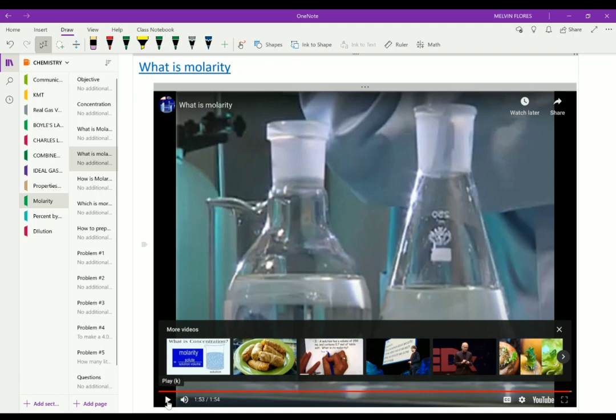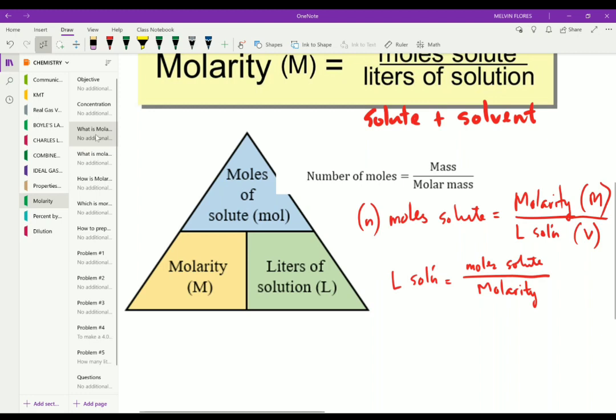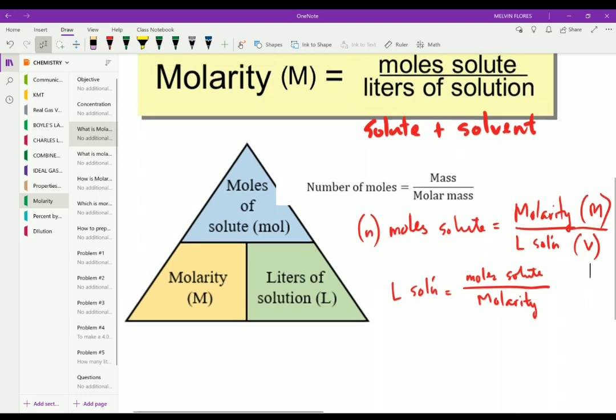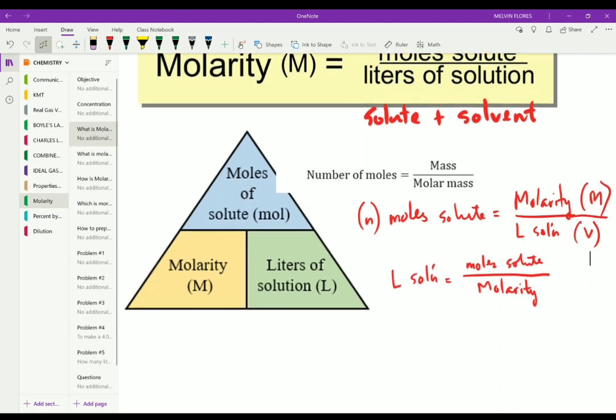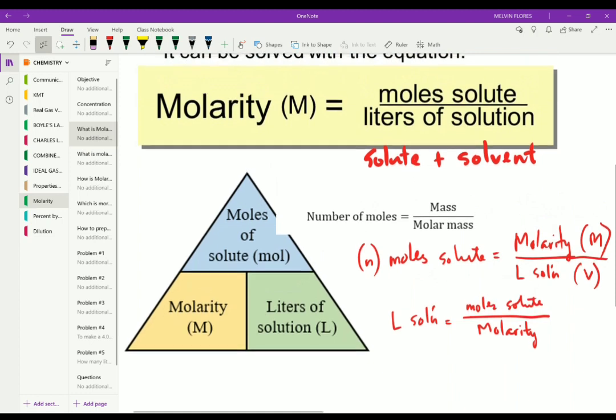So if you see that unit, one cubic decimeter, then that is equal to 1 liter of the solution, which is what we need. Basing from our definition, molarity equals the moles of solute divided by the liters of solution, so M equals n over V.